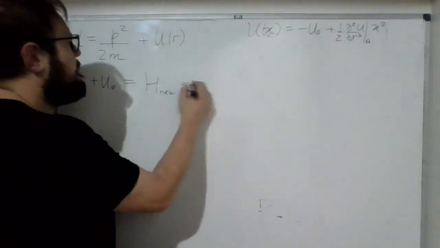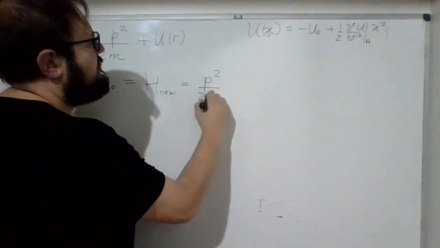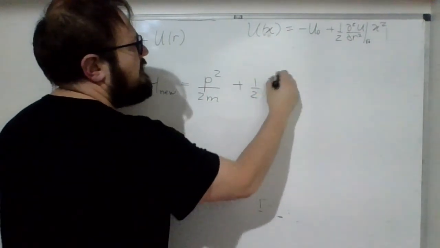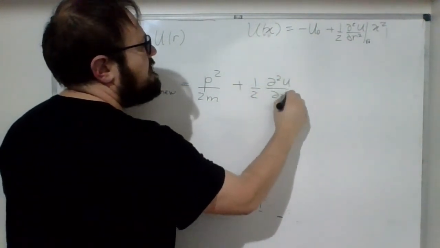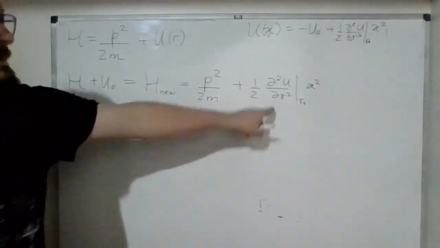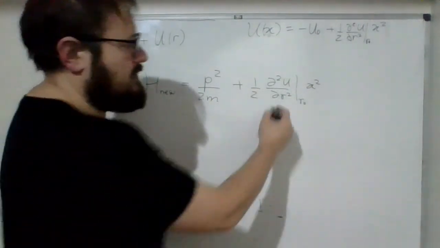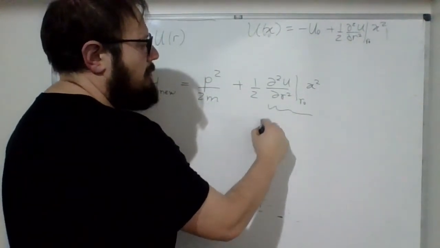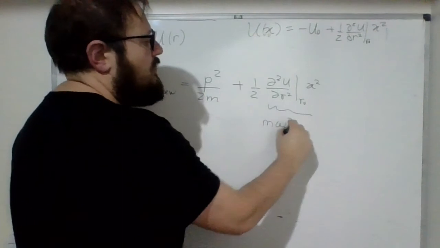So you have a kinetic term plus 1/2 second order derivative at x naught. And because it's just a constant, you can write it as some mass times omega squared.